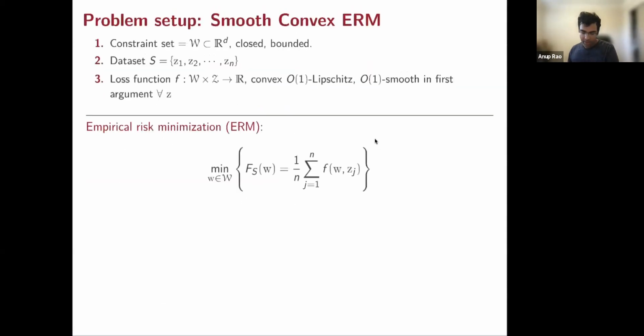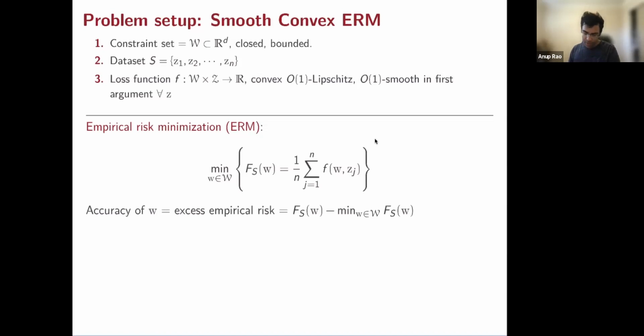And the empirical risk minimization framework is essentially a method which finds the optimal W. So we take the average function, averaged over all the data points Zj, and we want to find the optimal W here. So that's the empirical risk minimization framework, which is very popular in machine learning.